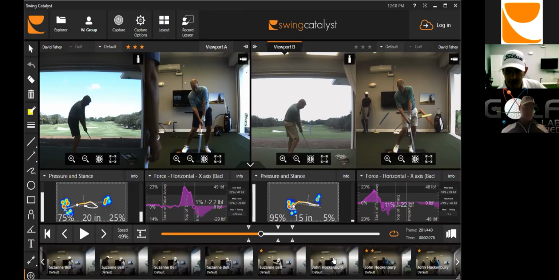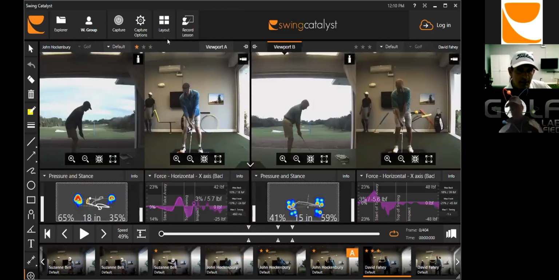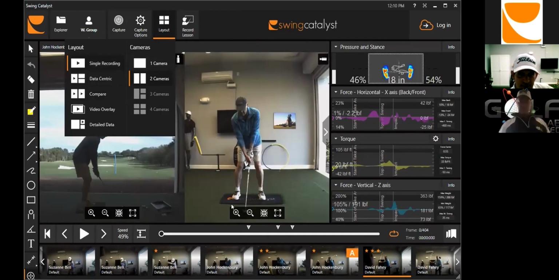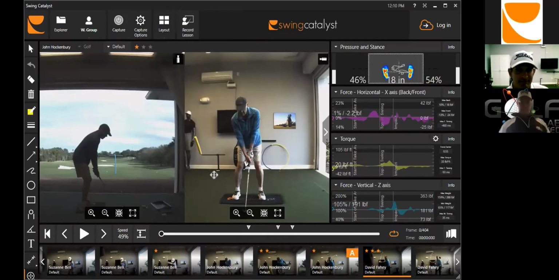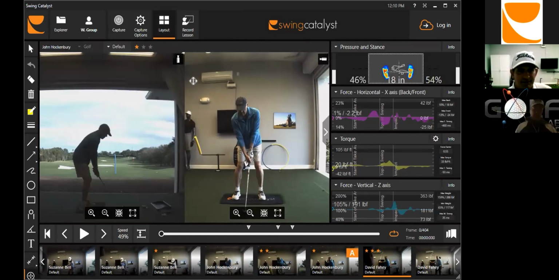This is one of my favorites. What can we do in an hour golf lesson? So we'll just look at the golf swing here. I'll let this one play in slow motion a couple of times.